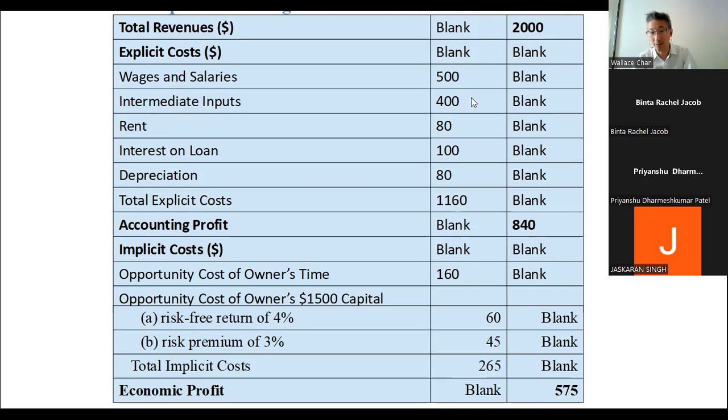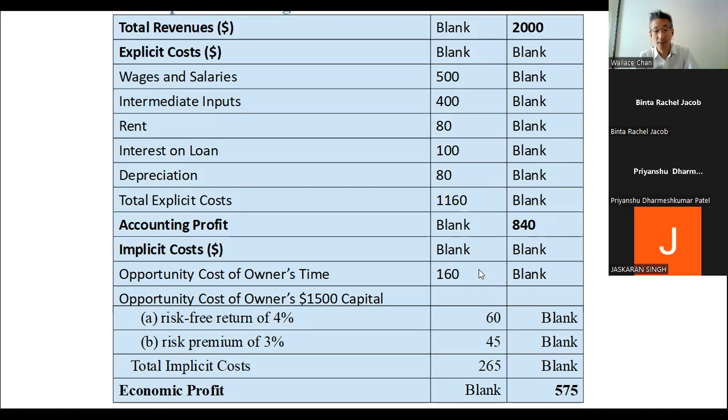I know the table looks a little bit confusing. Basically, this shows you that the accounting profit, by subtracting the explicit cost from the total revenue, is $840. 2,000 minus 1,160 is $840.